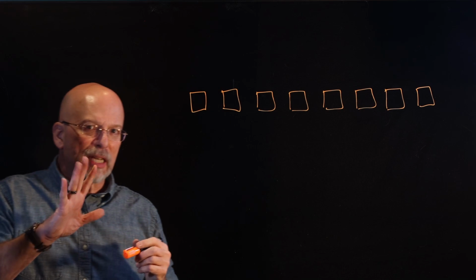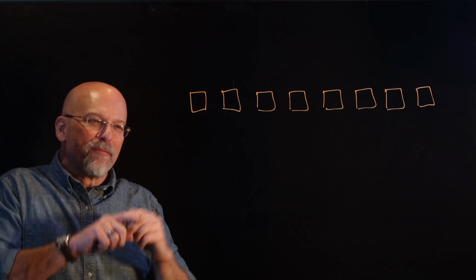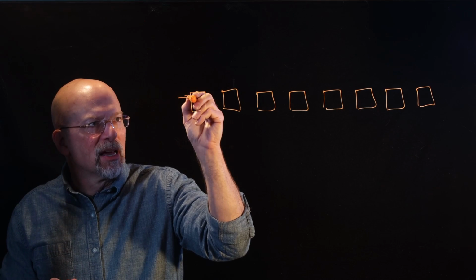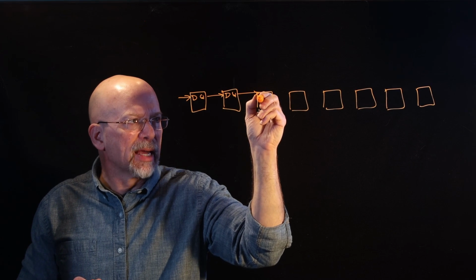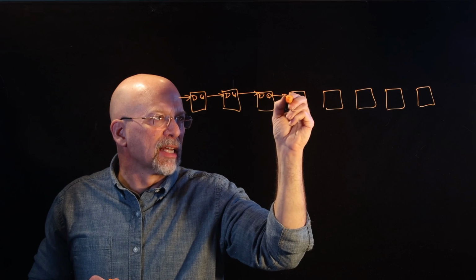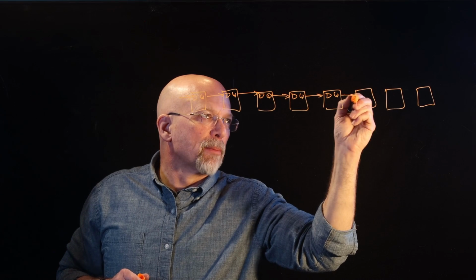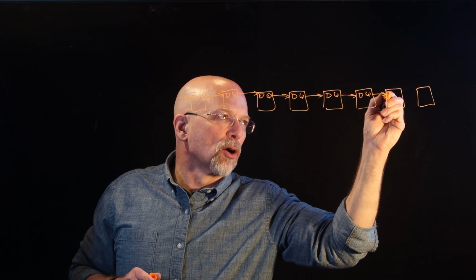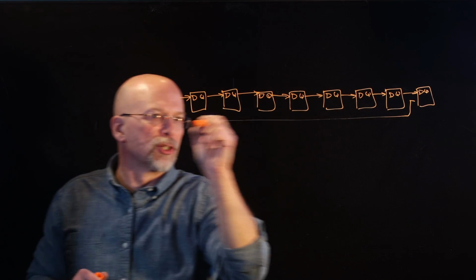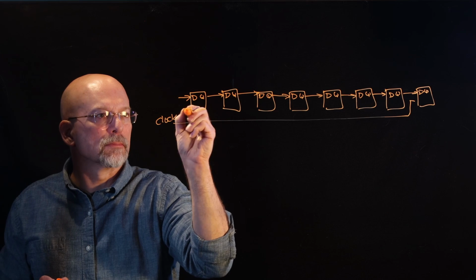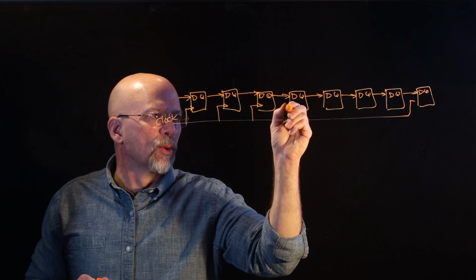And what's being shifted in, and my apologies right up front for showing you exactly the way we've been doing it before, we shift in to our D and out of our Q. And so these bits, as they are getting shifted along, very much act like the bits that are shifting along in our long division. And I probably should put the clock here. It's getting sloppy because I'm trying to be quick.